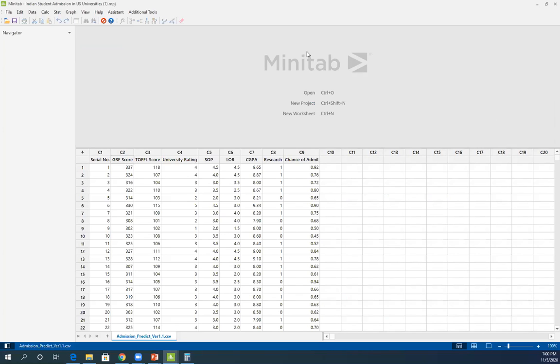So for example, in this null hypothesis I say the average GRE of all Indian students, 22,000 students, is 320.